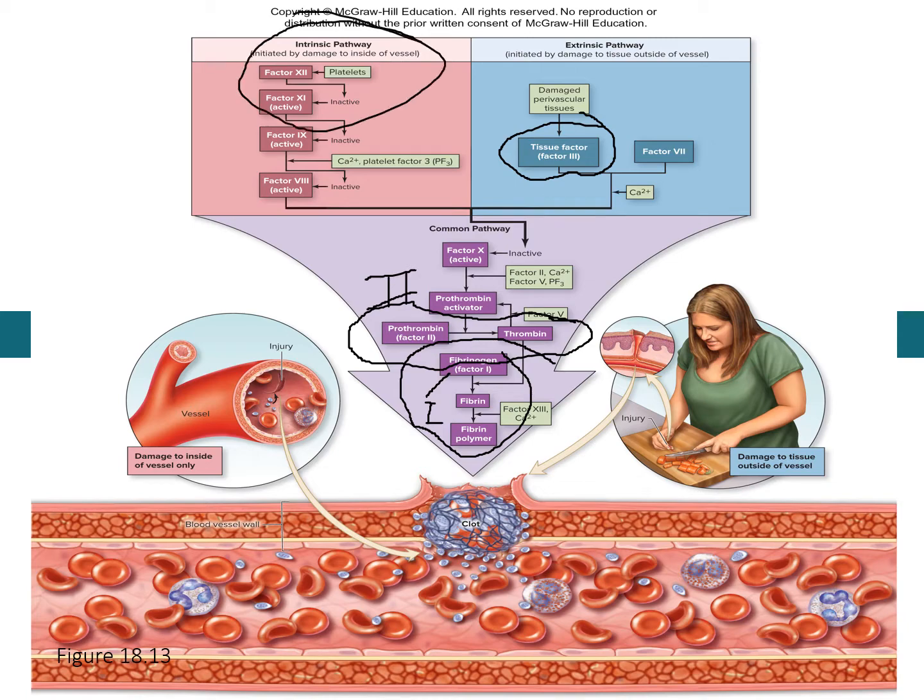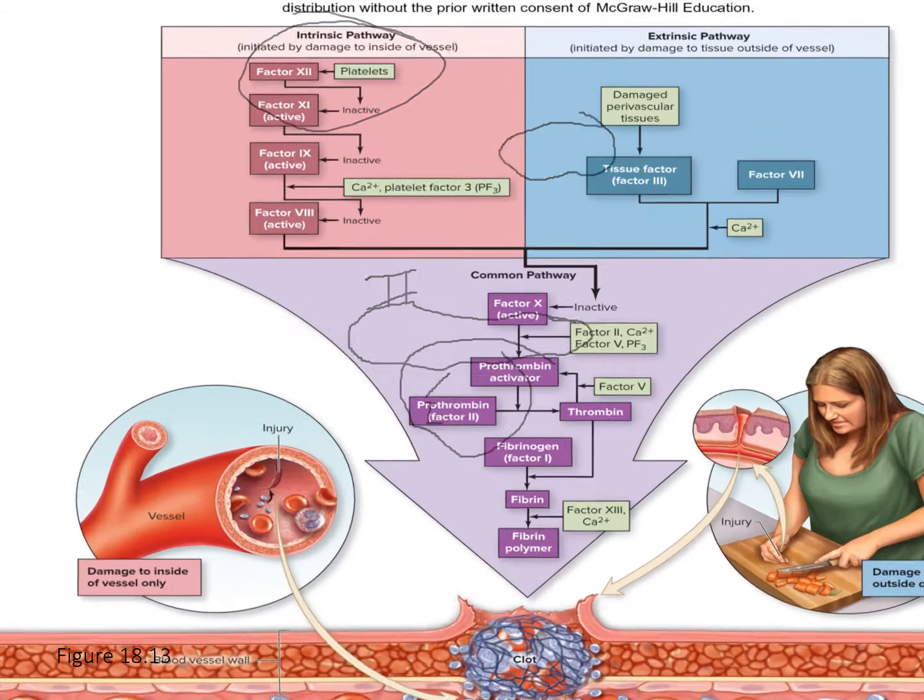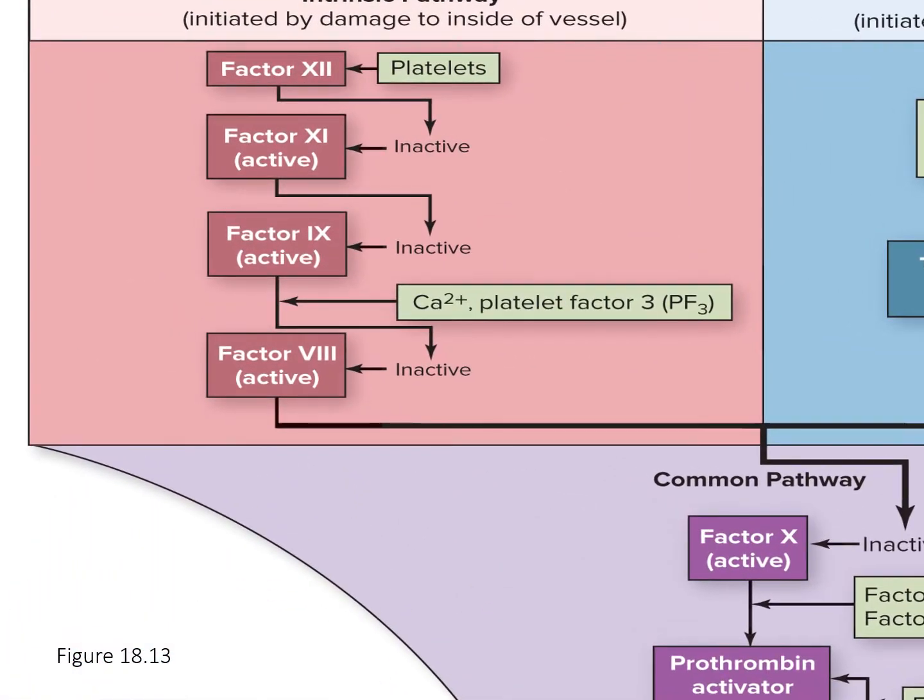And let's take a look at this area for a second. The other thing you should know is that platelets can initiate this as well. And of course, also that calcium is involved. Calcium is actually called factor 4, as you'll see in a moment.